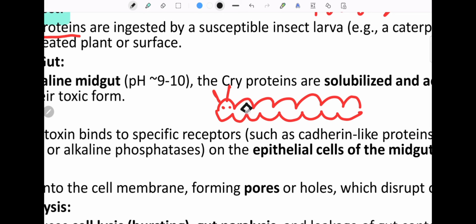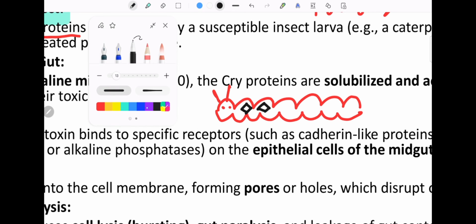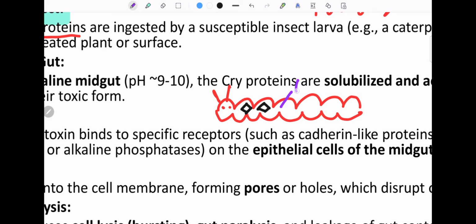Now these Bt crystals, the Cry proteins, are within the gut of the caterpillar. This is the gut of the caterpillar. Within this gut, the pH is alkaline, not acidic. So these crystals get activated in this alkaline pH.